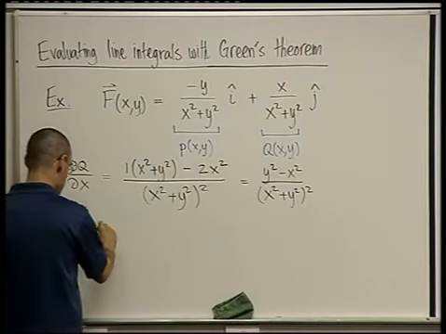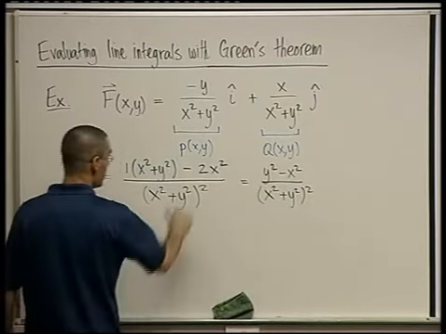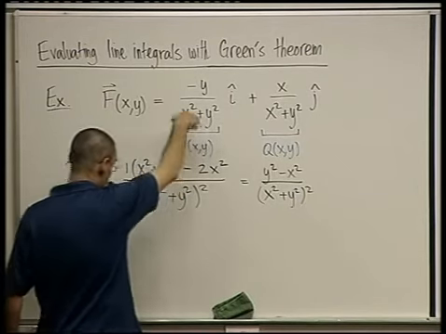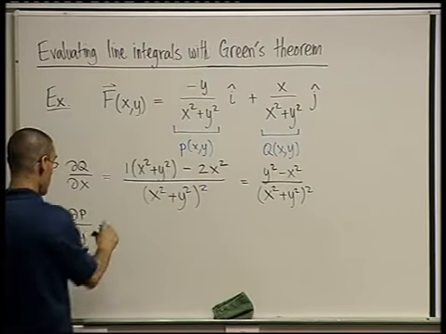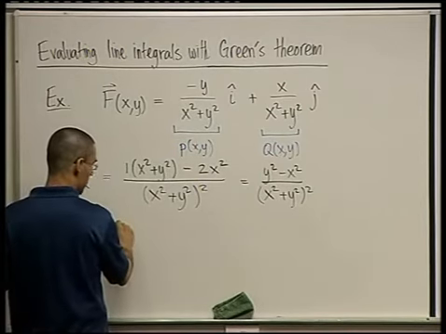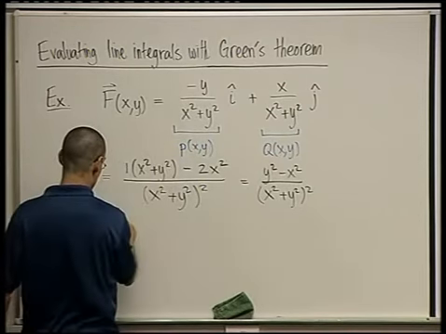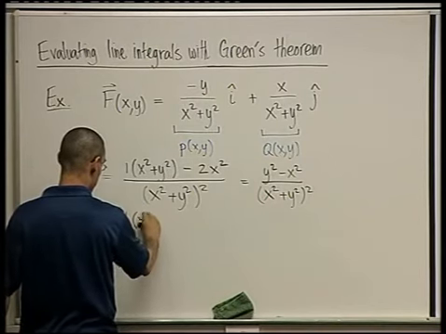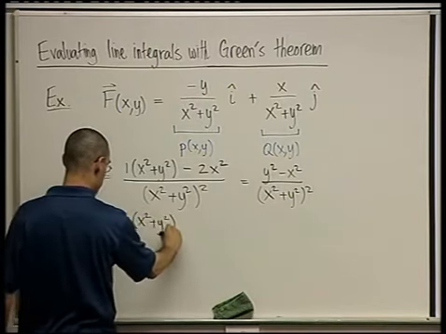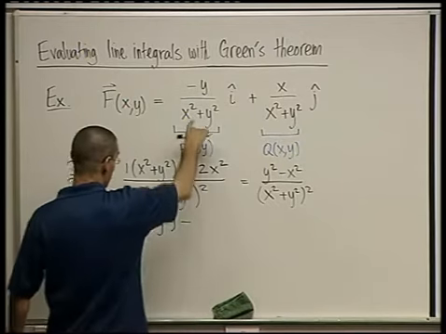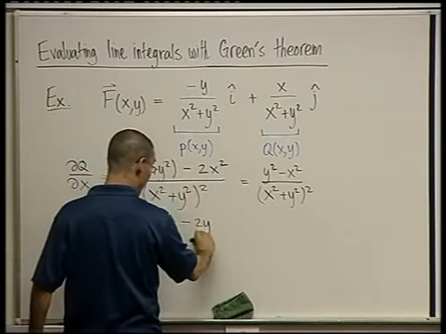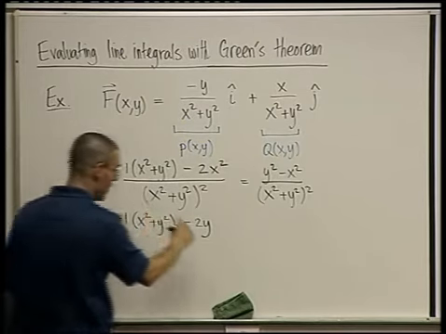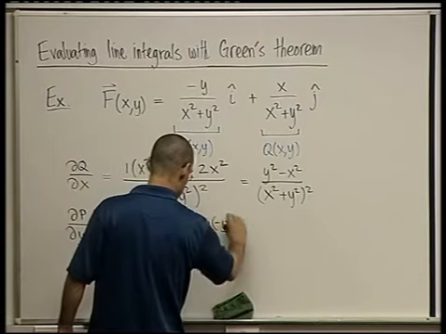Now let's calculate dP/dy. So it's this, and now I'm taking the derivative with respect to y. So again, it's going to be a quotient rule. I'm going to do the derivative of the top, which is minus 1, times the bottom, x squared plus y squared, minus the derivative of the bottom, which is 2y, because it's the derivative with respect to y, times the top, minus y.